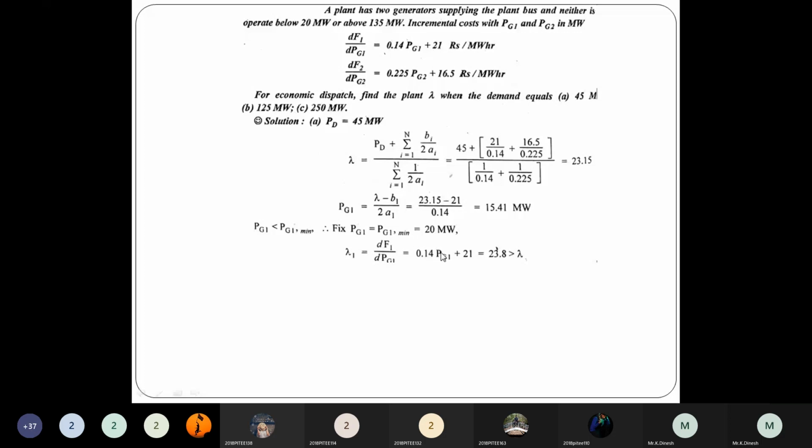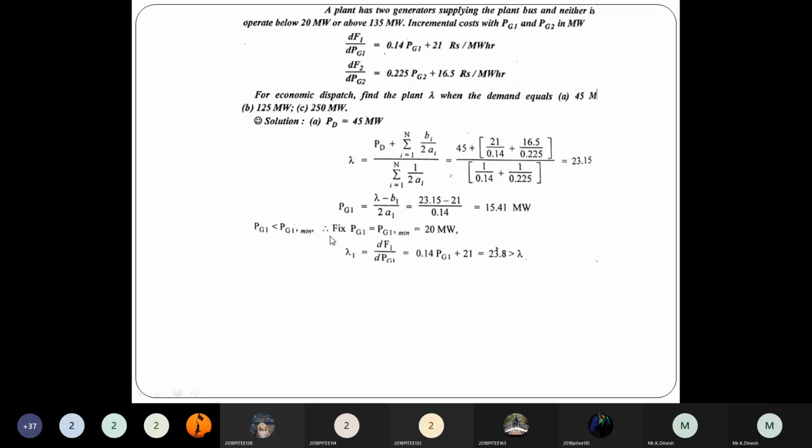So first case, I have to equate my demand equal to 45. In this case, what is your lambda? If I am solving for lambda, it is 23.15. Based on this lambda, find out PG1. So lambda minus B1 by 2A1 gives 15.4.